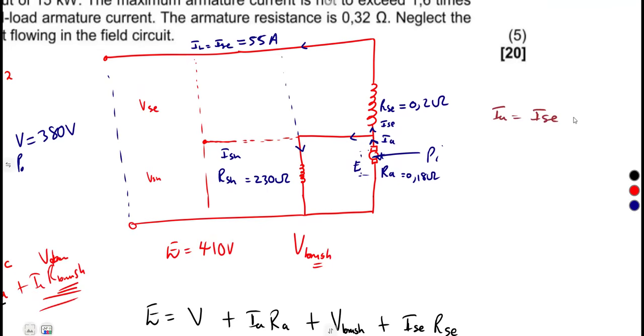So it is the sum of the series plus the shunt, where the series is given as it is equal to the load, but the shunt is not given. We do not have that. The shunt current can be calculated if we have V shunt and R shunt. So you're going to calculate I shunt from there. We have R shunt, but V shunt we do not have.